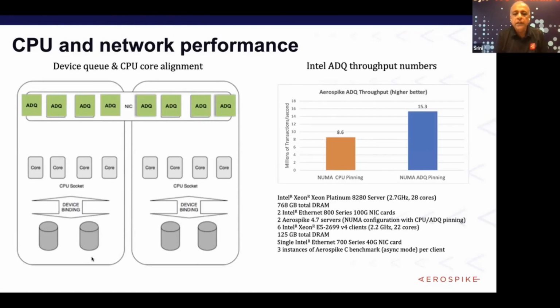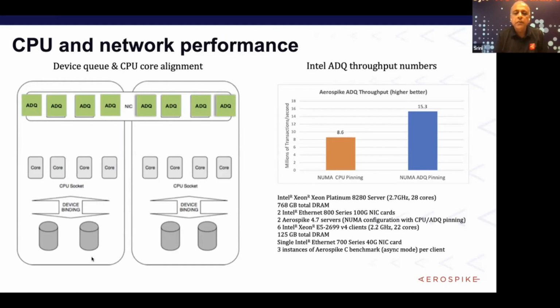You can see on the right some basic numbers on a simple NUMA CPU pinned system. This was done in collaboration with Intel a while ago, but about 8.6 million transactions per second can be pushed through the system. However, Intel also had invented some technology on the NIC card, which is called application device queues.